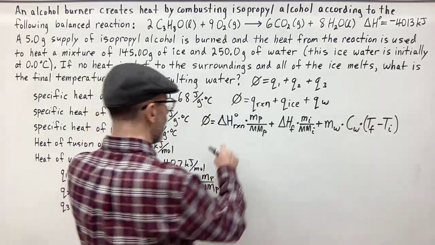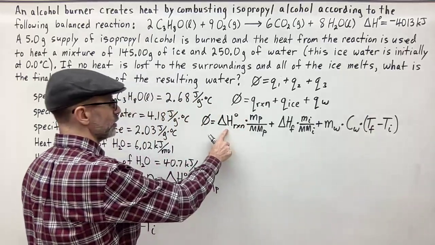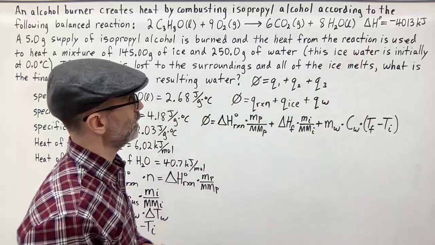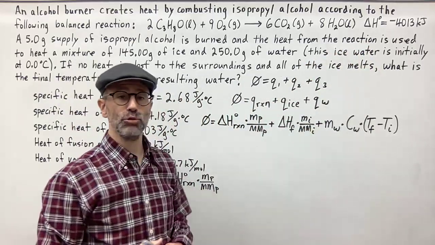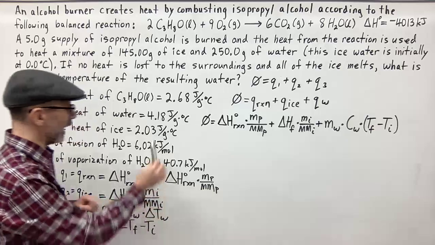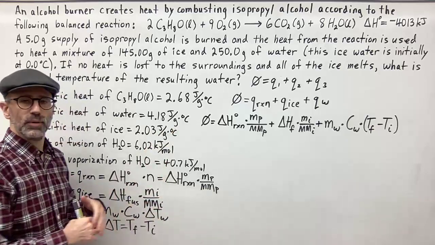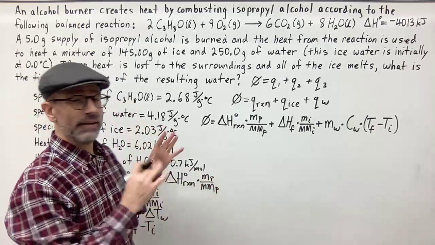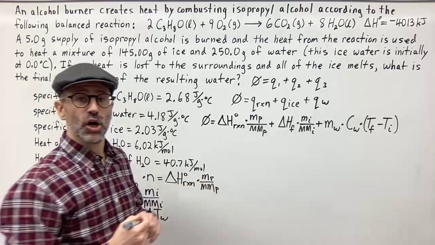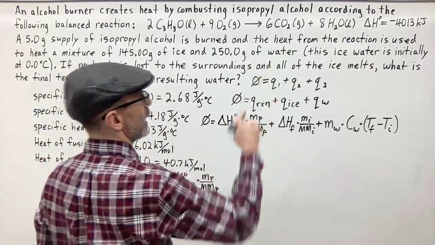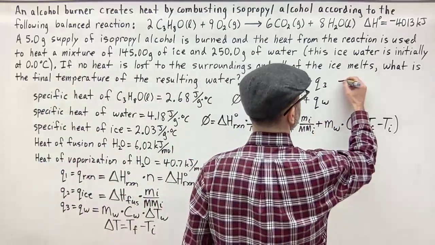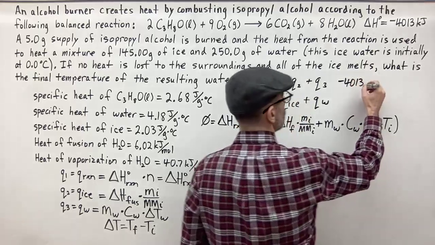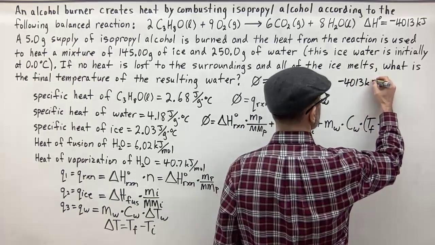So I have the ΔH of the reaction, that's negative 4,013 kilojoules. Notice that I have joules here. Let's have everything be in joules. So I have negative 4,013 kilojoules, right?